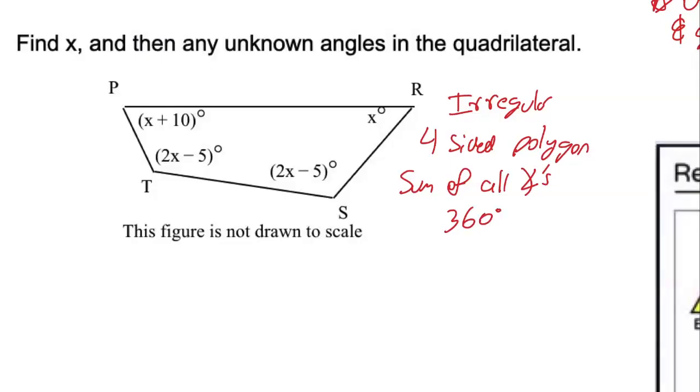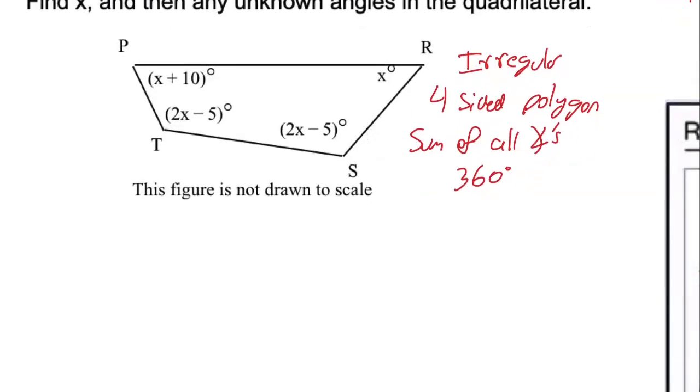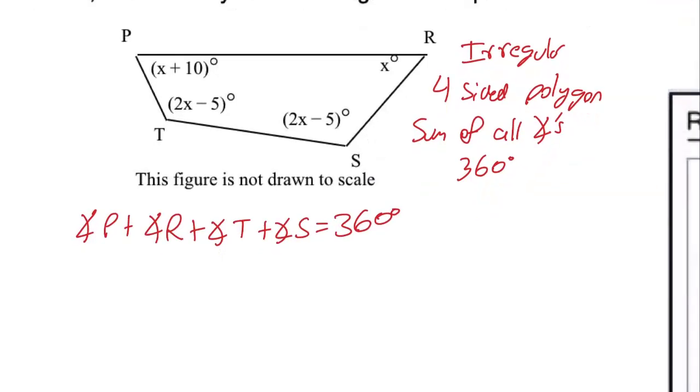Okay, so all we got to do now, since we know what they all add up to, means angle P plus angle R plus angle T plus angle S is 360 degrees. After I know what they all have to add up to, I just have to do substitution. So angle P is x plus 10.